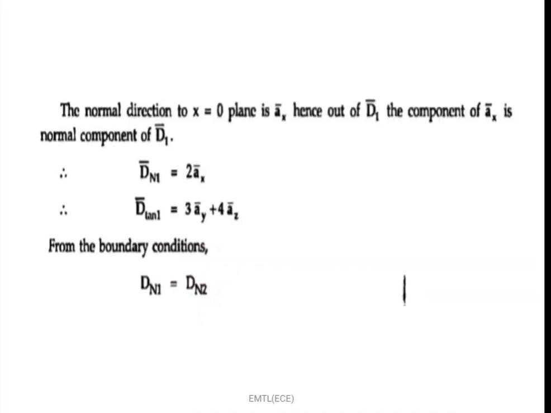Now just remember the boundary condition between dielectric and dielectric. It is clear from that theorem, the normal component of the first medium is equal to the normal component of the second medium. So the normal component of the second medium is also equal to 2 ax bar. And the tangential components of 1 and 2 are in the ratio epsilon 1 by epsilon 2.